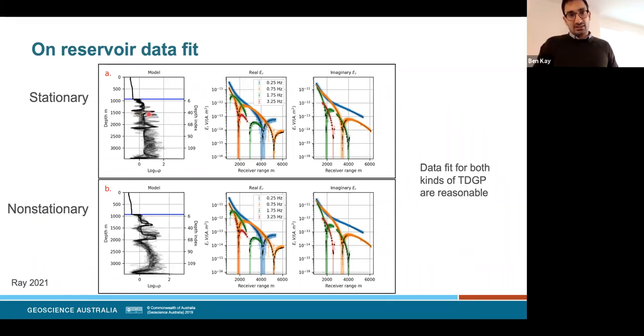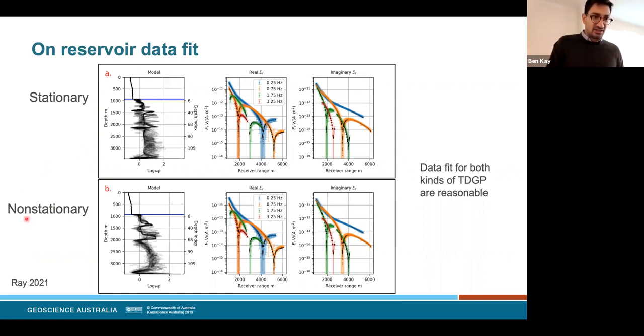And you can kind of infer that there is a reservoir there, and you're able to fit the data because the blurry black dots are the real and imaginary radial electric field at 4 frequencies. The colors represent the observed data. You can fit the data quite well.